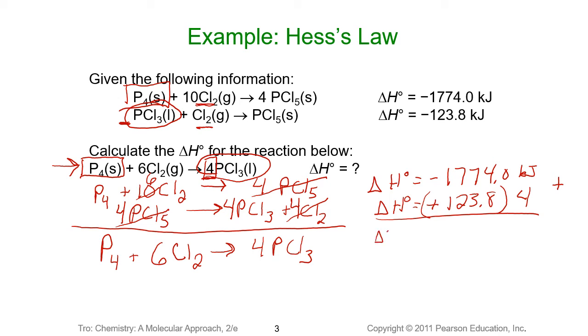In this case, for our new reaction, if I multiply by 4, I get positive 495.2 kilojoules.